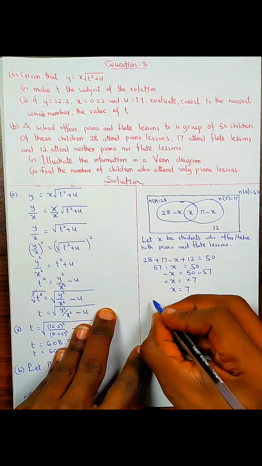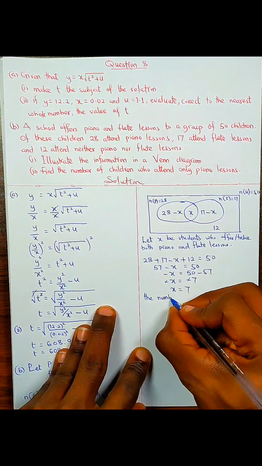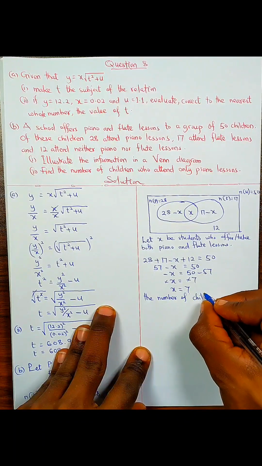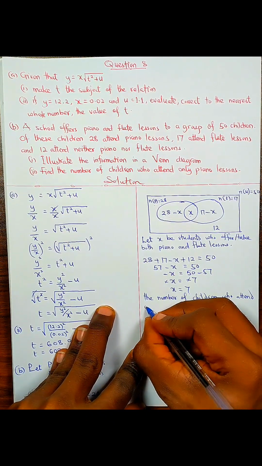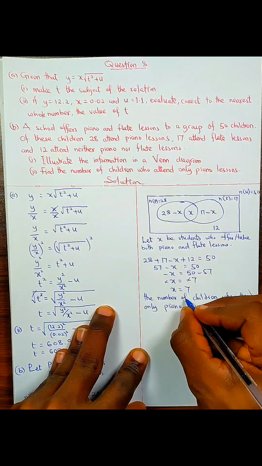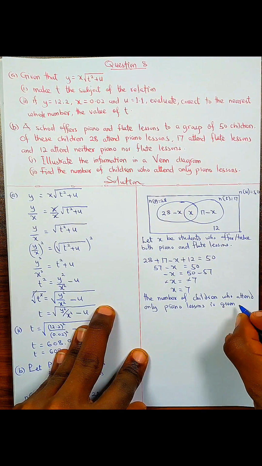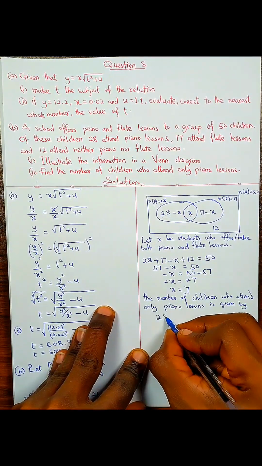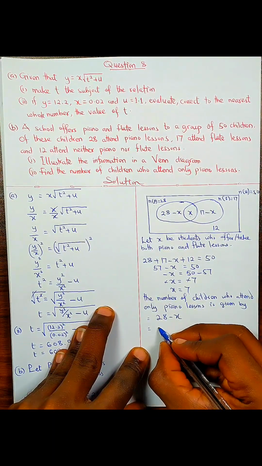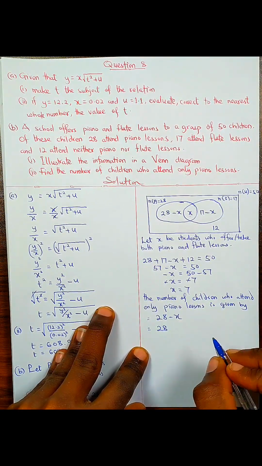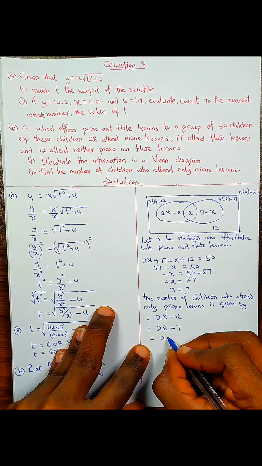X. To go about that, we will just say the number of children, we are just rewriting the question, who attend only piano lessons is given by 28 minus X. Okay, so we have 28 minus 7 giving us 21.